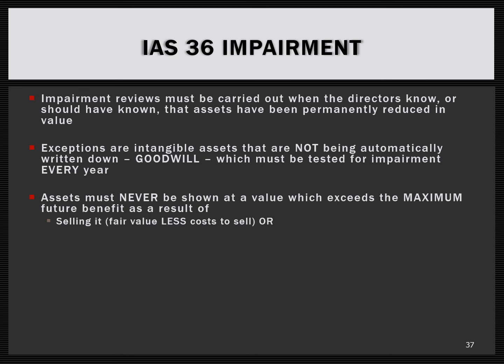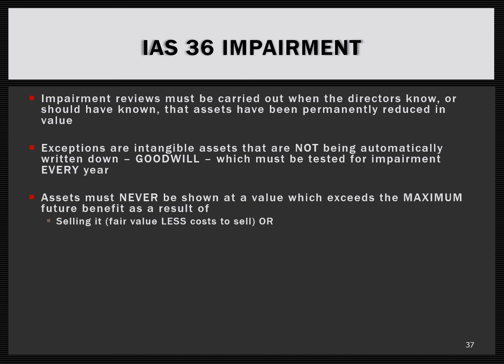Under IAS 16, if we revalue the asset upwards, we simply use the market value, but in the case of an impairment review, we deduct any selling costs from the market value of the asset. That's the fair value less costs to sell figure.